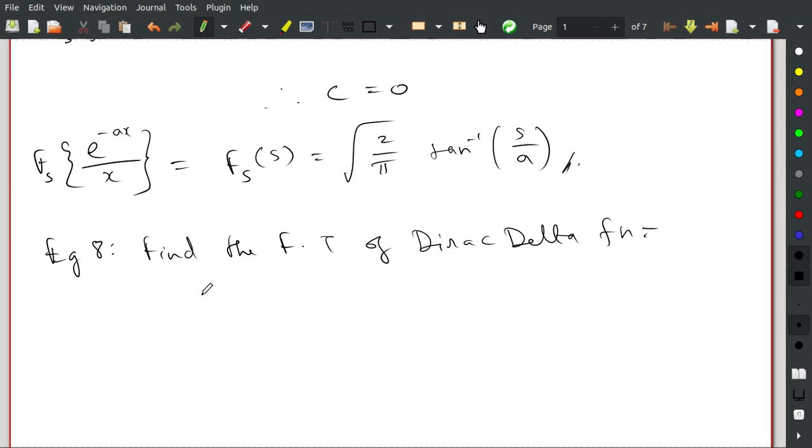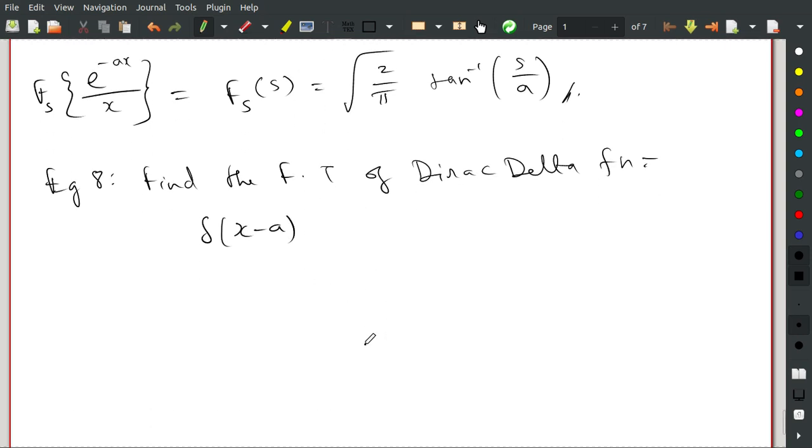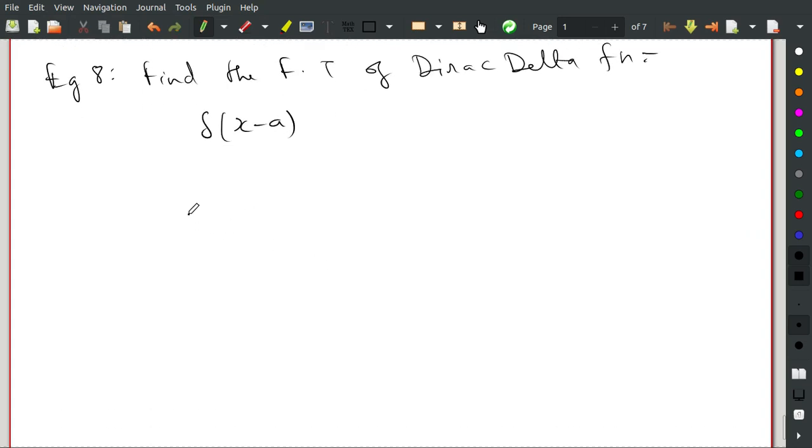The Dirac delta function is defined as delta of x minus a. Okay, so for that we have to know what this Dirac delta function is. Delta of x minus a is defined as, in the limit h tends to 0, f of x.